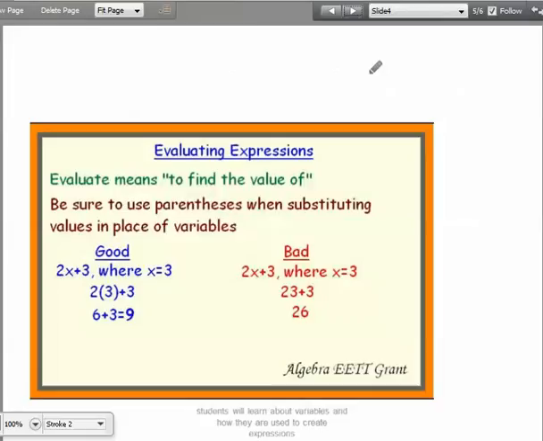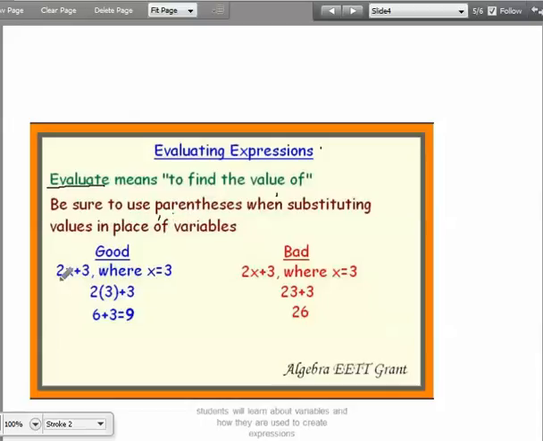Okay? So let's do some evaluating of expressions. The term evaluate means to find the value of it. So we're going to find the value of these expressions. When you're doing this, it says be sure to use parentheses when substituting values in place of variables.